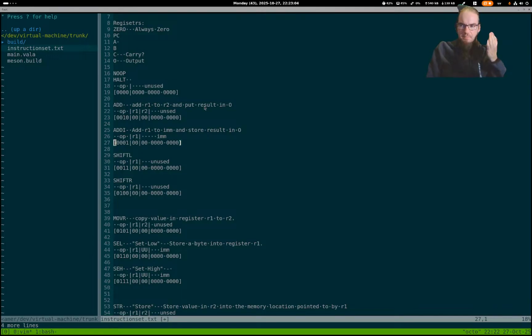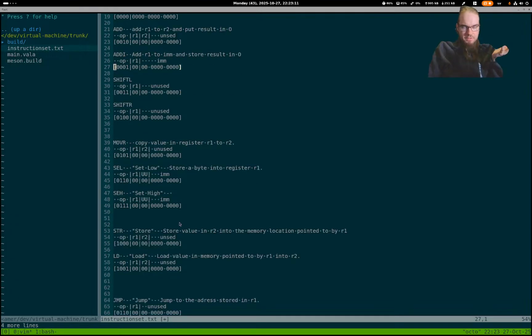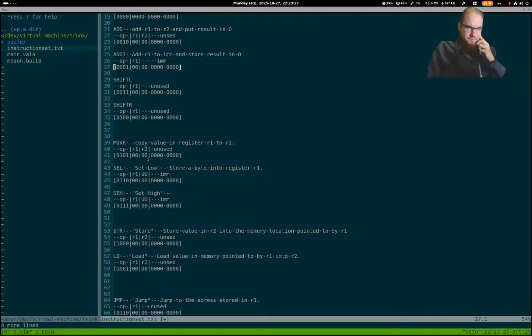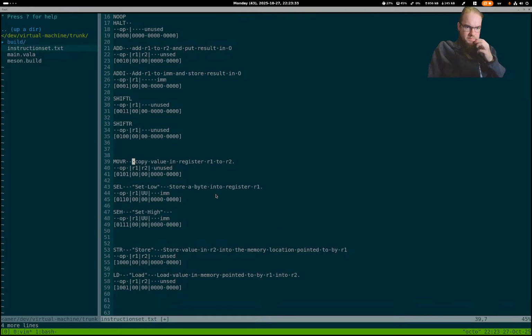Do you really need an immediate version of that? Because I now have the set high and low, right? Store, load. Copy. Copy values into.